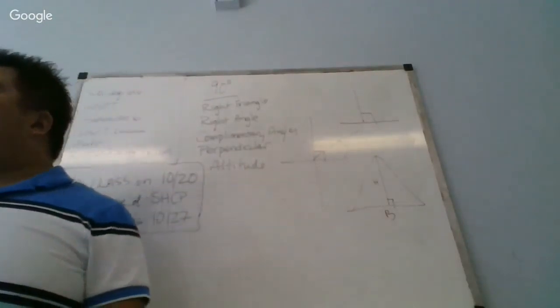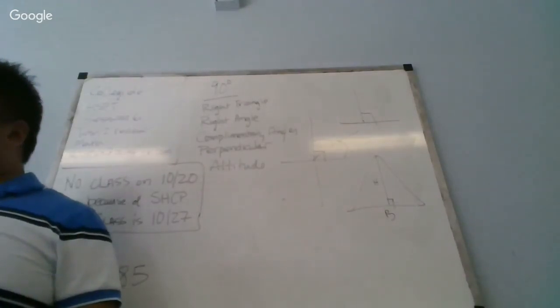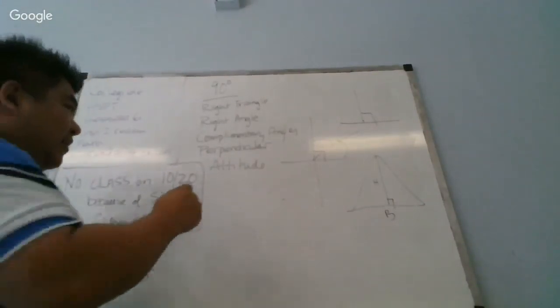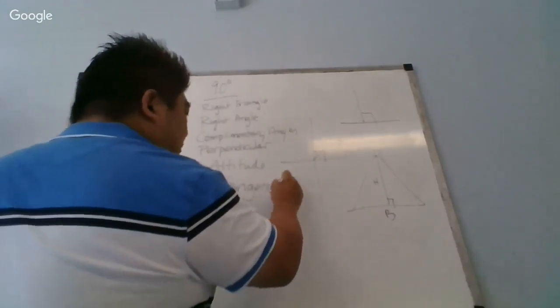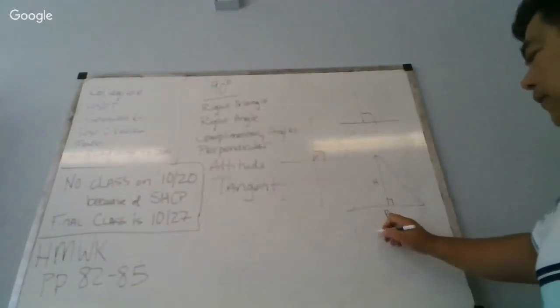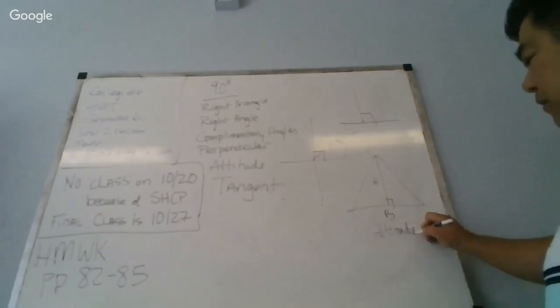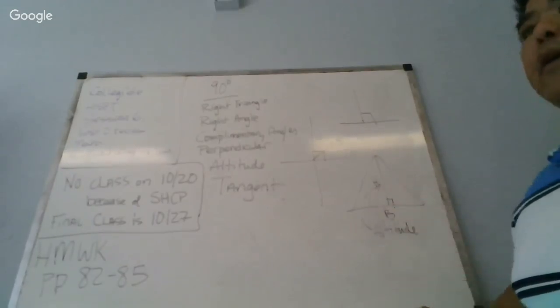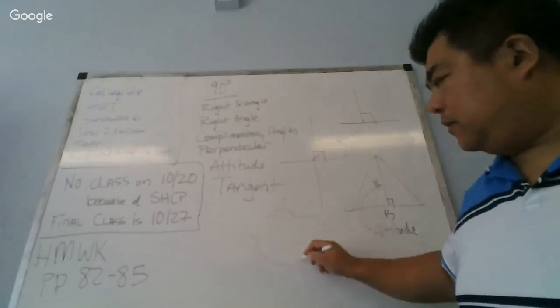I'm going to give you guys one more that I know you probably wouldn't have thought of. Tangent. Okay. You guys are like, what? So we'll do some drawing. This right here, if you guys are drawing this stuff, this is called an altitude. And then the other one is tangent, which looks like this.